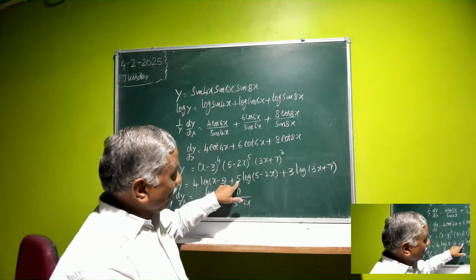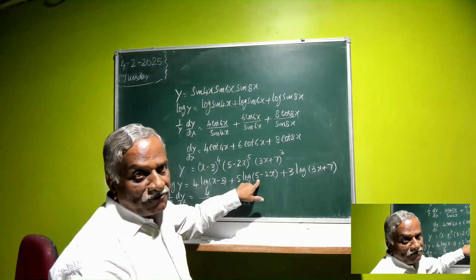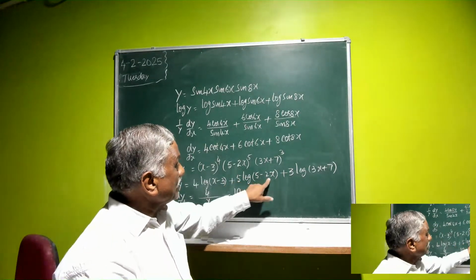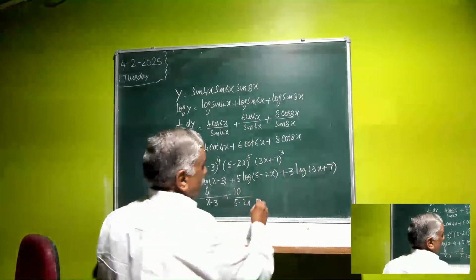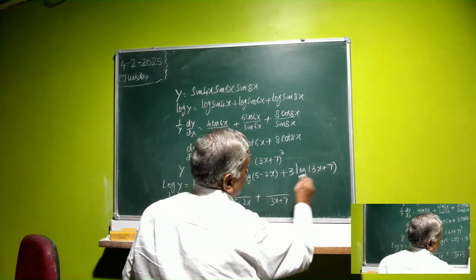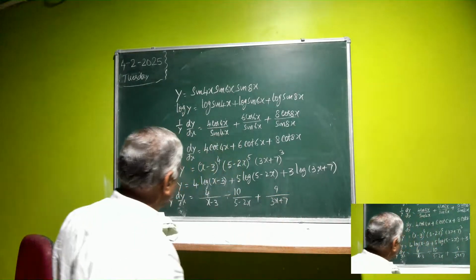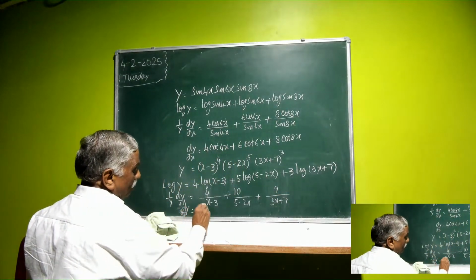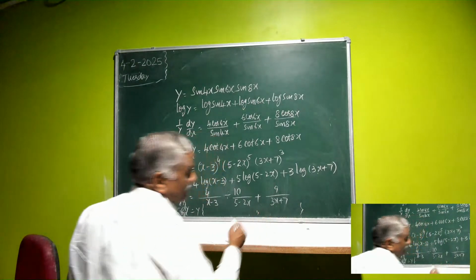Now keep 5 as it is, derivative of 5 is 0, x is 1, minus 2x minus 2, then minus 10, plus 3x plus 7, and this is 9. As I said earlier, what is our final answer? y into, you can write this as this.